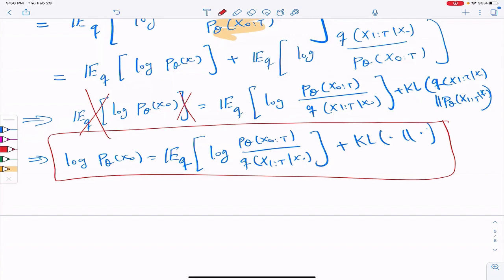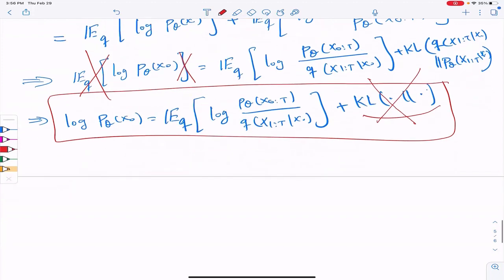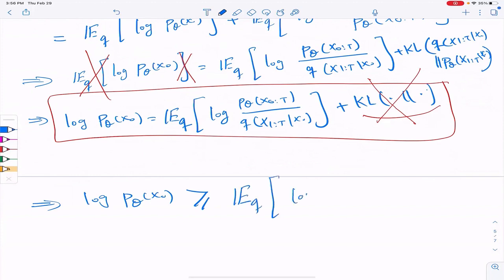Now, I'm sure most of you expect what I'm going to do. I'm going to drop this KL term. KL is a non-negative number, so if I drop this KL term, I get a lower bound on my log likelihood. That's a variational lower bound. Log of p theta of x0 is always greater or equal to the expectation over q of log of p theta of x0 to t divided by q of x1 to t given x0.